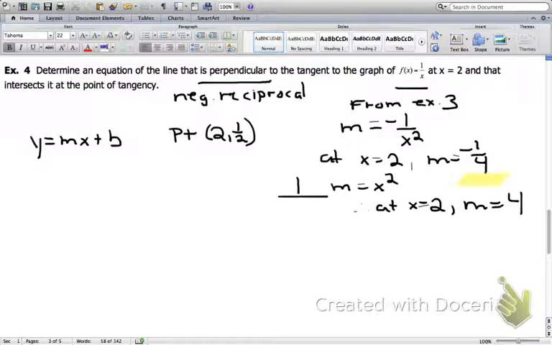At that point, we know that our y value is 1/2, our slope in this case is 4, and our x value is 2.